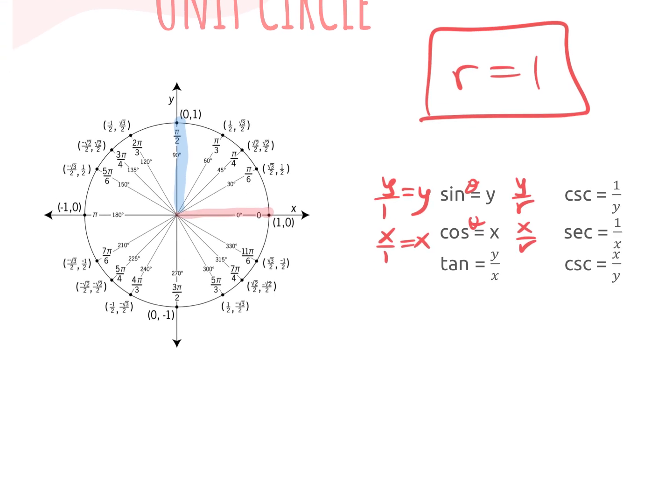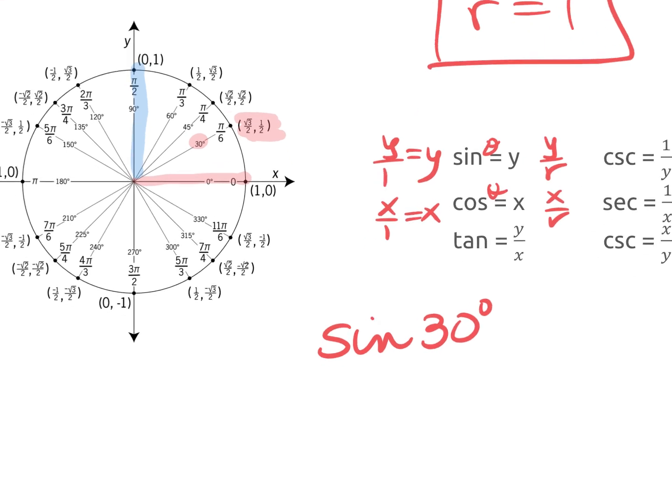So let's say I said find sine of what we did before, sine of 30 degrees, and we drew the triangle. But what we're going to do now is find 30 degrees on our unit circle, and all we have to do is look at the associated ordered pair. And for sine, you just look at the y of the ordered pair.